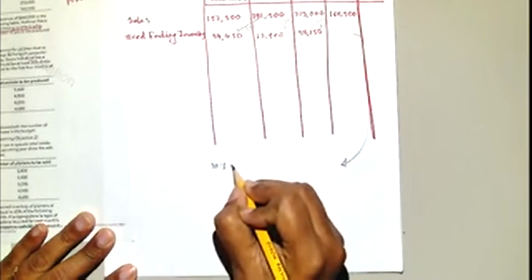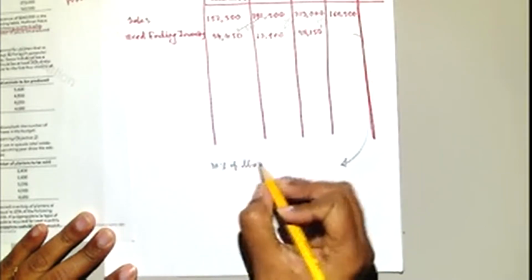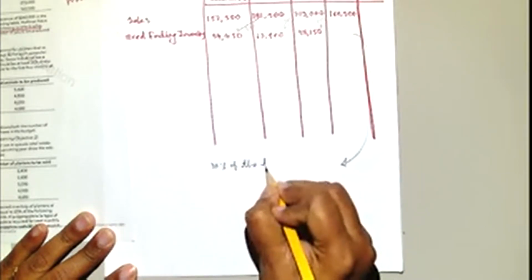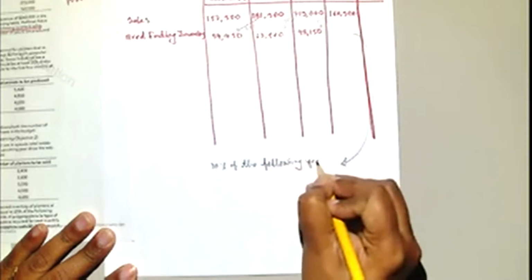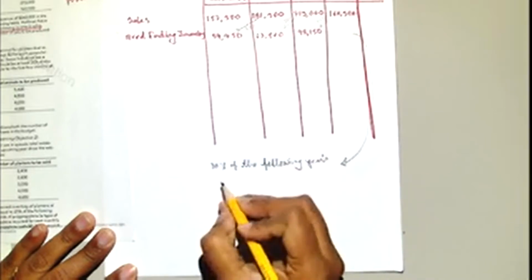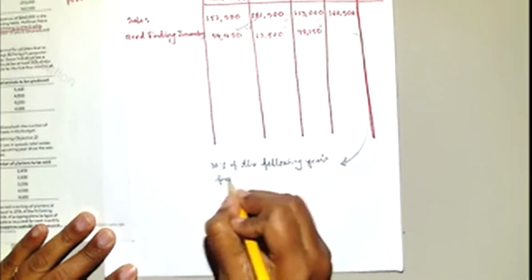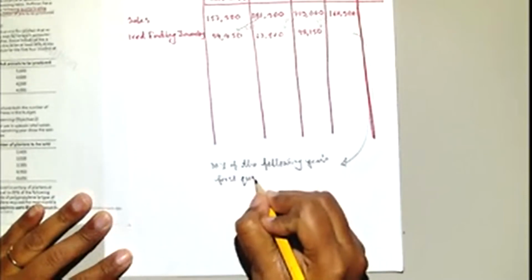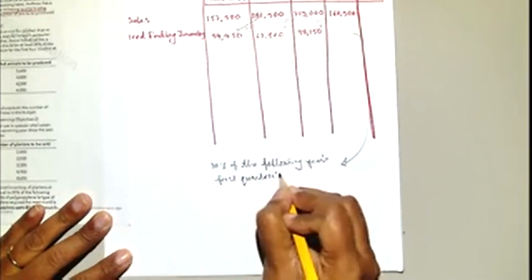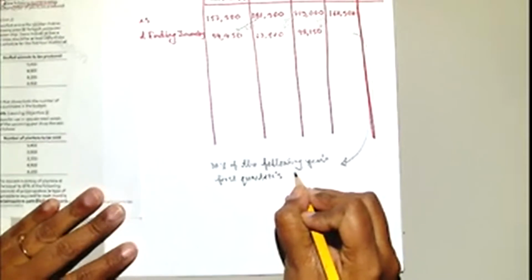So 30% of the following year's first quarter sales. I'm just trying to write everything down so that you don't forget it later. How did I get the numbers? First quarter's sales. All right.